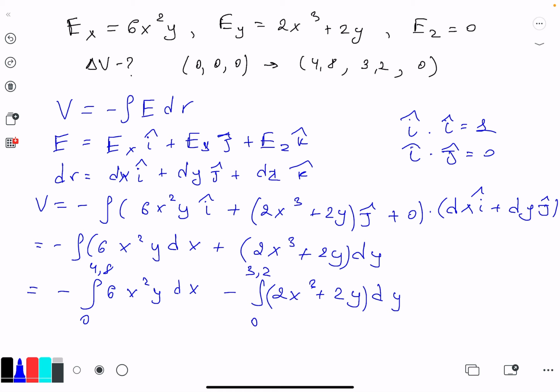Now what about the second way of solving?